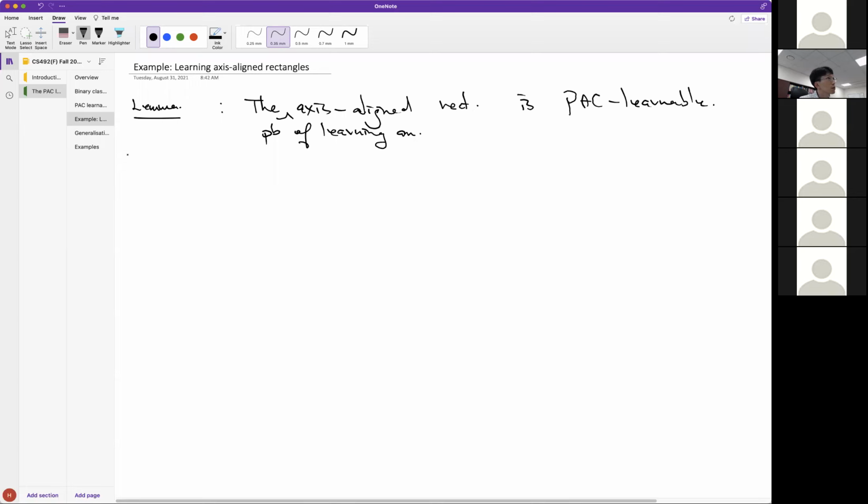PAC learnability says we have to come up with a good algorithm, and at the same time a polynomial. So we have to design an algorithm A, and also come up with a polynomial in 1 over epsilon, 1 over delta, and n. In this case, n is always fixed to 2, so it doesn't really matter. So we have 1 over epsilon and 1 over delta. So what's our A and the polynomial?